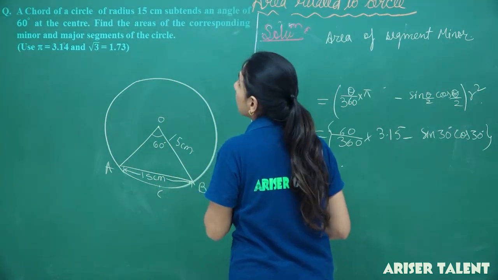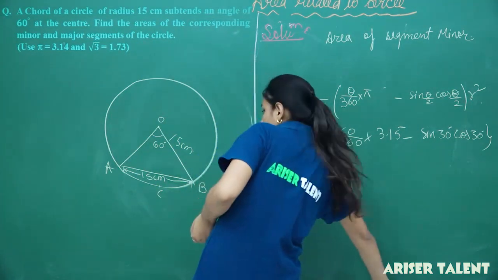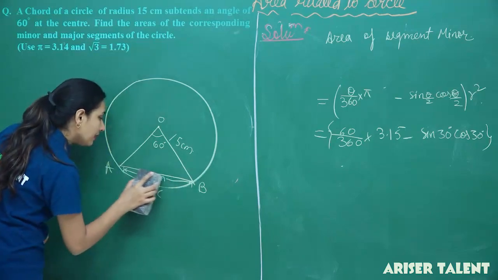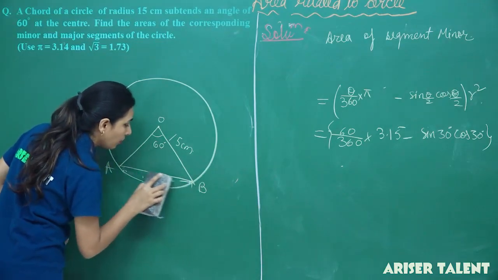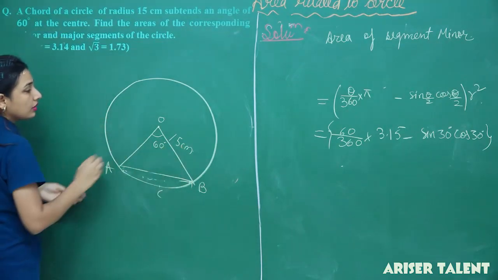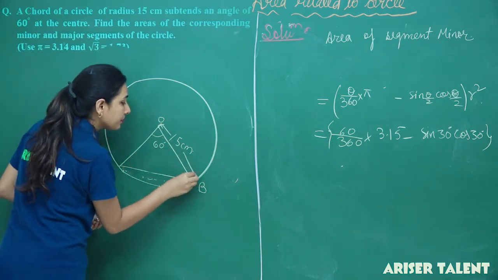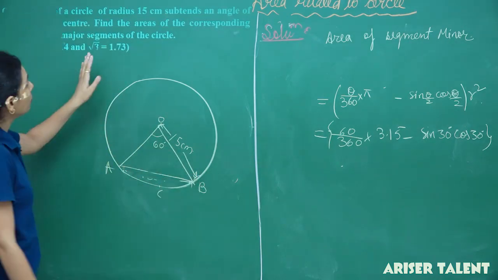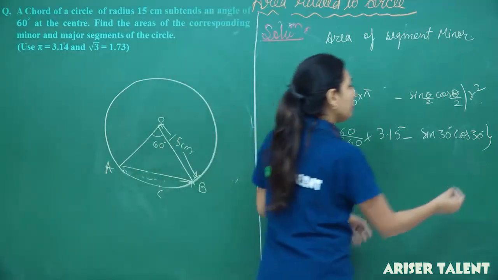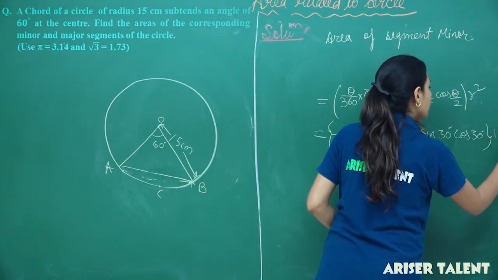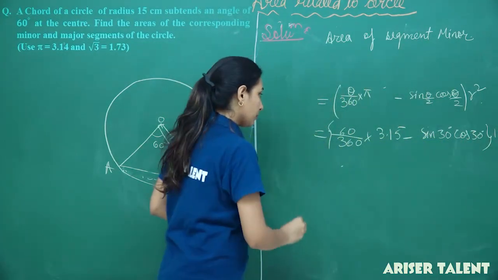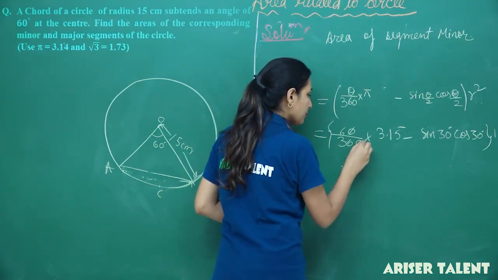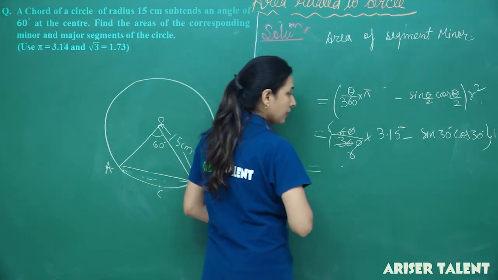Okay students, there is some mistake. I am not given this length. I have been provided with the radius only, so this is 15 centimeter. So I will put 15 here multiplied by 15. Now solving this, this will cut by this and this will cut by this 6 times.